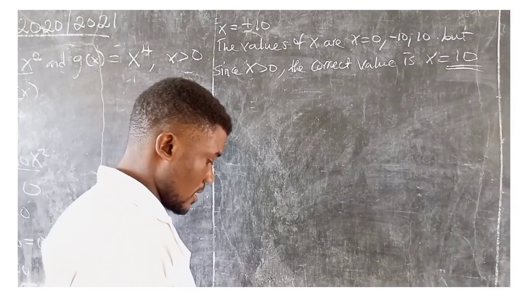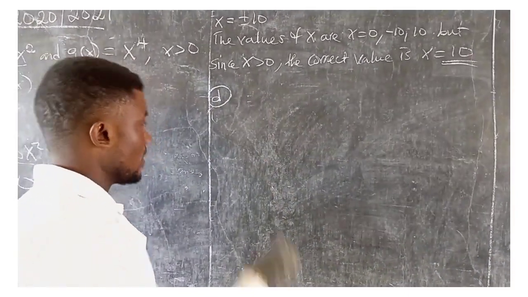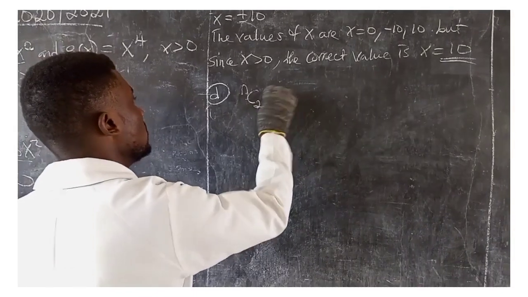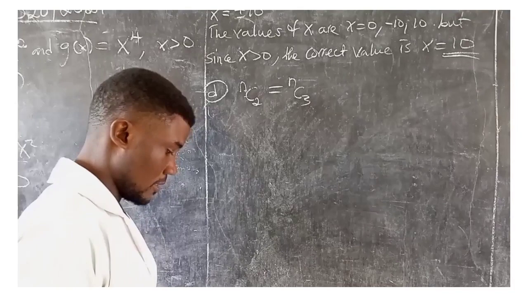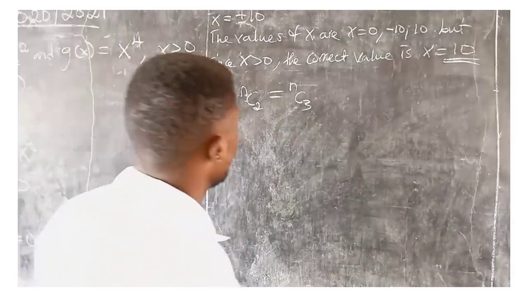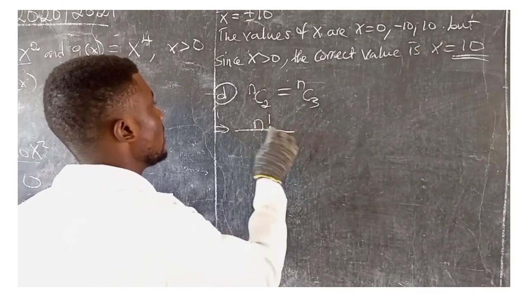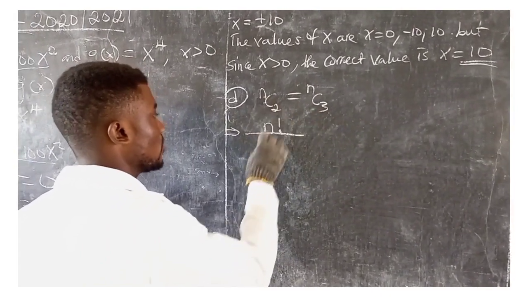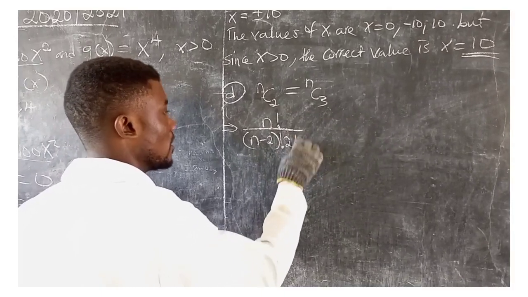Like that. And then finally, D. Given that n combination 2 is equal to n combination 3, find the value of n. Well, by the definition of combination, this is n factorial divided by n minus 2 factorial times 2 factorial.